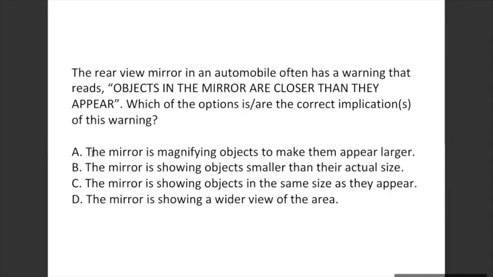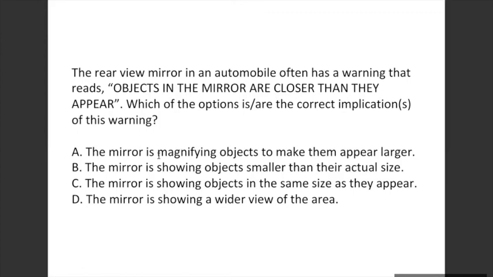Why won't it be option A, where the mirror is magnifying objects to make them appear larger? When a rear view mirror magnifies objects to make them appear larger, the issue is that you get a very narrow perspective. Your vision gets reduced to that one object which is getting magnified, which is where the rear view mirror's purpose gets lost.